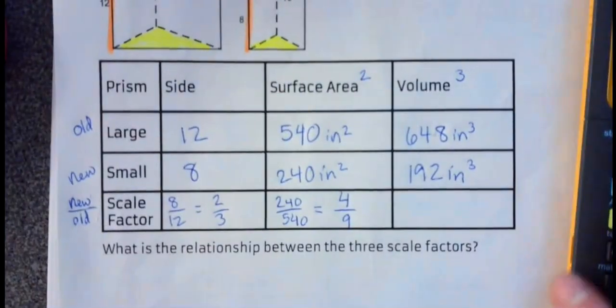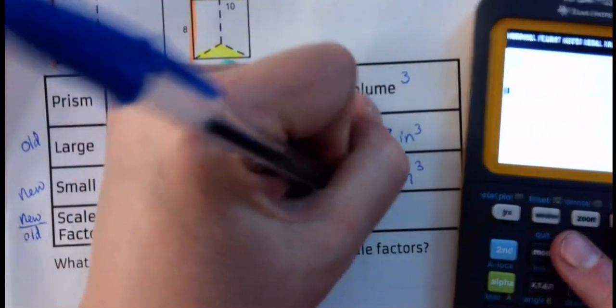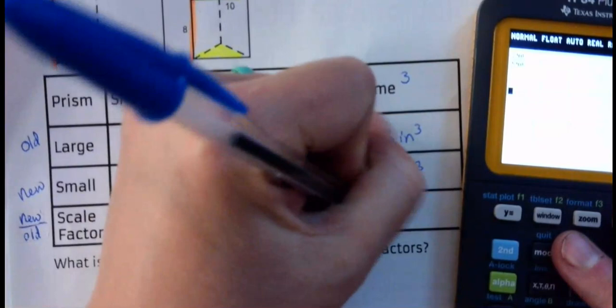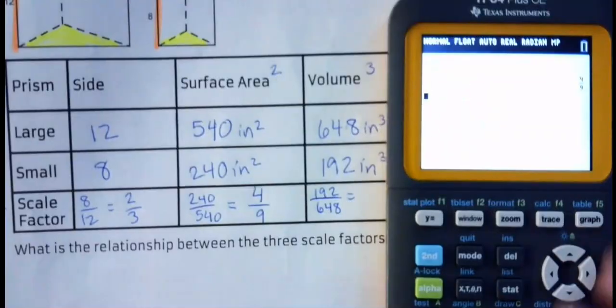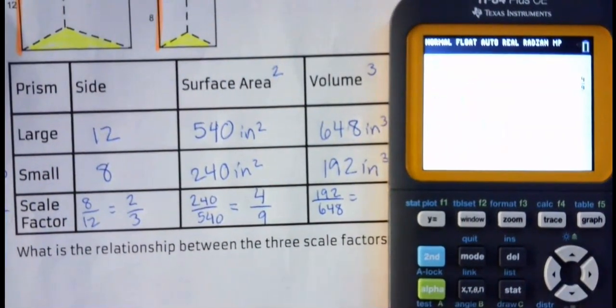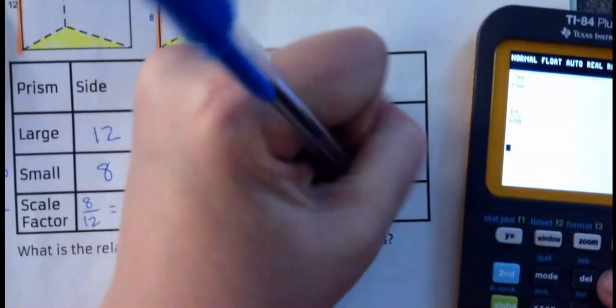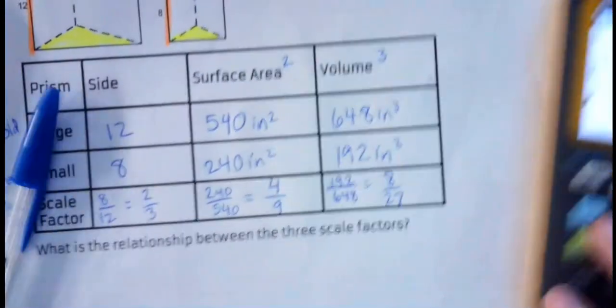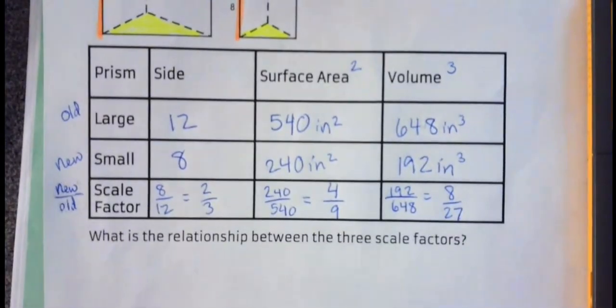All right, 4 over 9. Okay, to the next one. 192 over 648. We get 8 over 27.